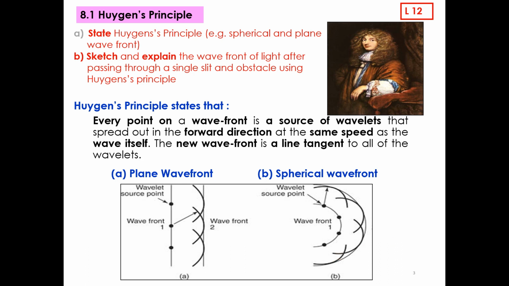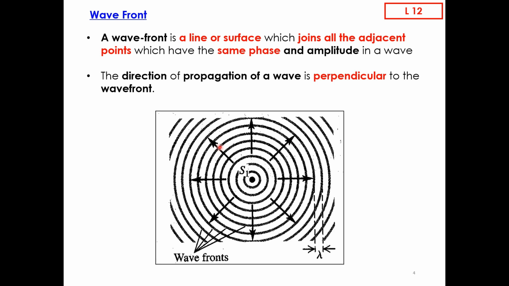What is a wavefront? A wavefront is a line or surface which joins all the adjacent points which have the same phase and amplitude in a wave. The direction of propagation of a wave is perpendicular to the wavefront.